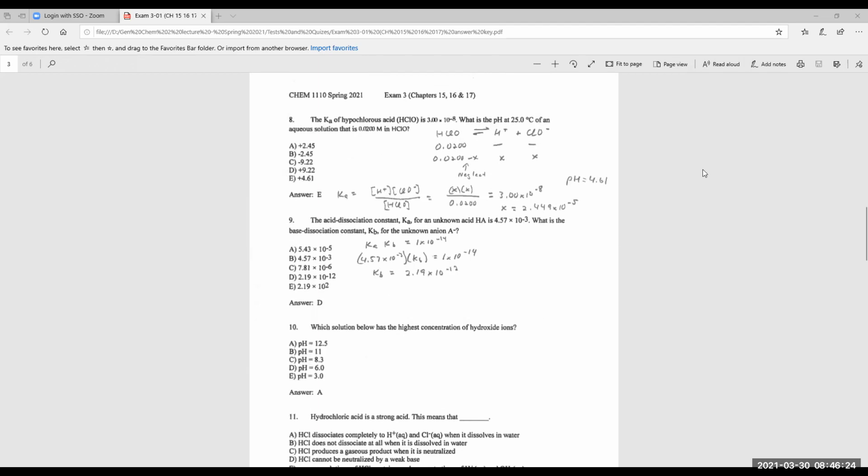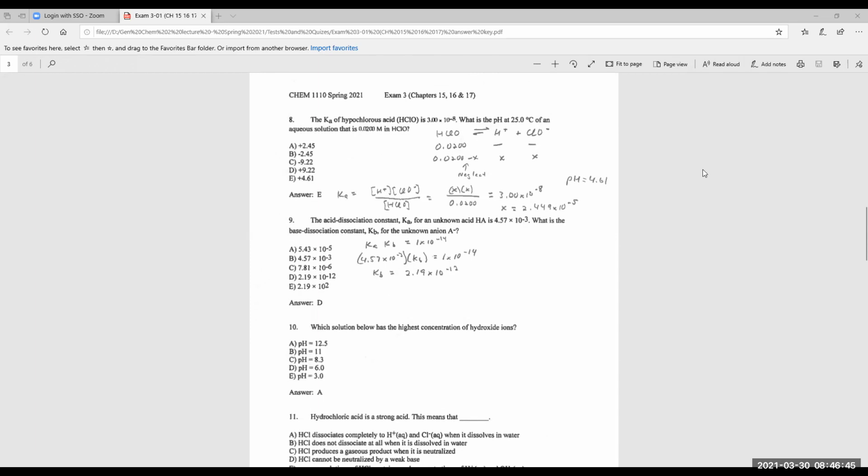Okay, number 8, the Ka for hypochlorous acid, HClO, is 3 times 10 to the minus 8. And then you're asked to find the pH of its aqueous solutions, that is 0.02 molar HClO.